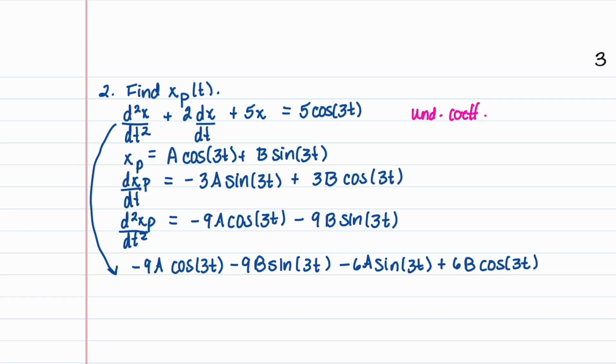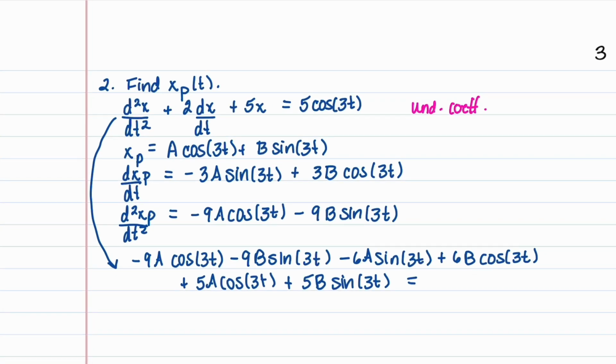And then we just have 5 times x, so that gives us a 5a cosine 3t plus 5b sine 3t. And all of this is equal to 5 cosine 3t.